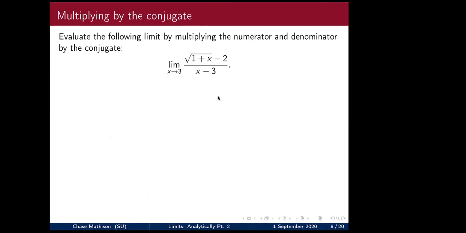And so that is square root of 1 plus x plus 2, minus 2 if you'd like. But again, I can't just multiply the top by that. If I multiply the top by that, and I don't want to change anything, I also have to multiply the bottom by that, okay?